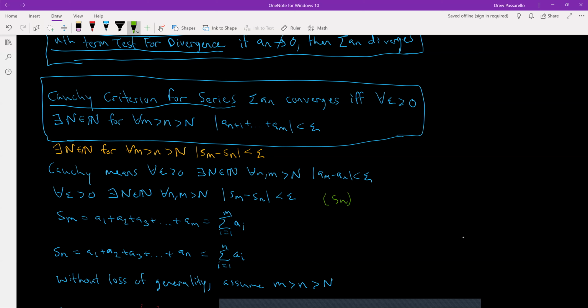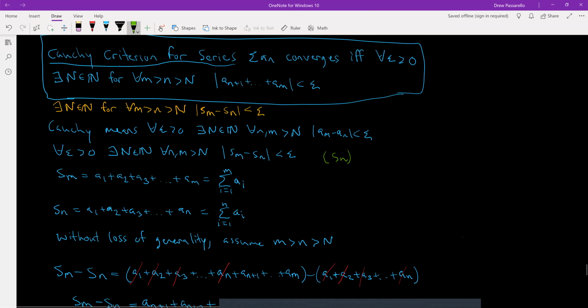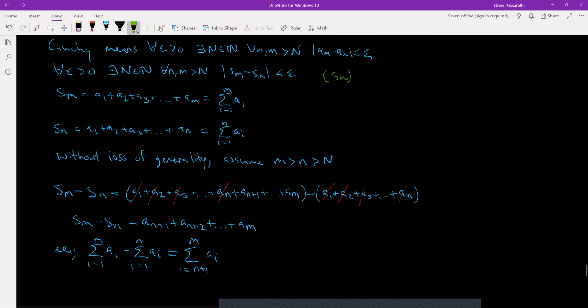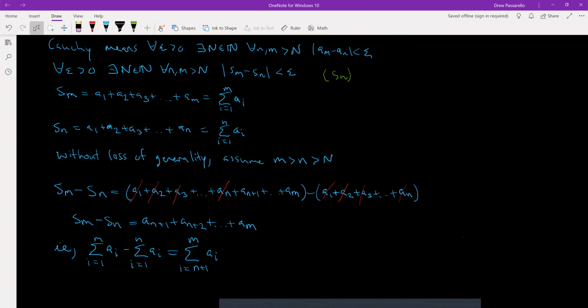Without loss of generality, we're going to assume the index m is greater than n, and n is going to be greater than our cutoff point, capital N. So when we take the difference S subscript m minus Sn, we have a1 plus a2 up to am, so this is our Sm, and then we're subtracting out Sn.